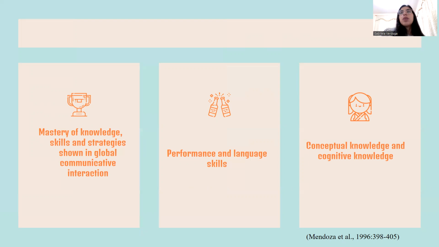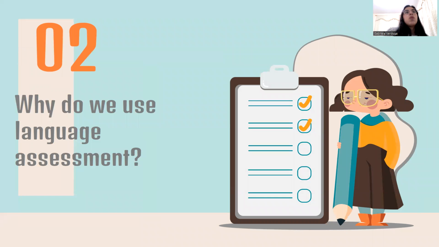We can evaluate the performance and language skills, and the conceptual and cognitive knowledge. The first, conceptual knowledge, refers to what you know, and the cognitive knowledge refers to whether you know how to do something.